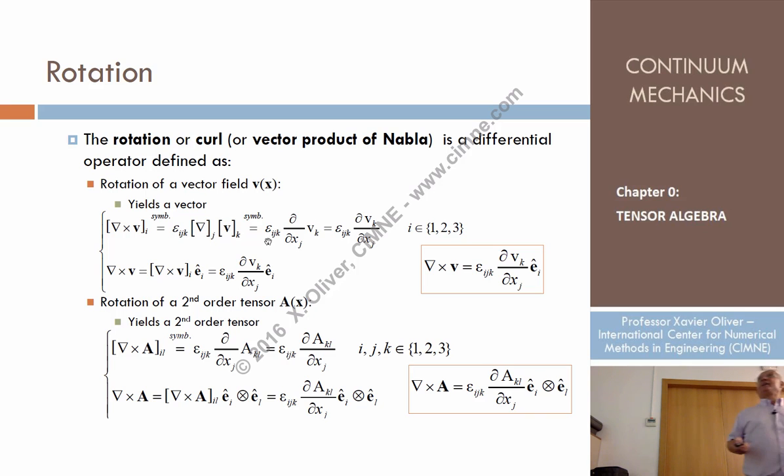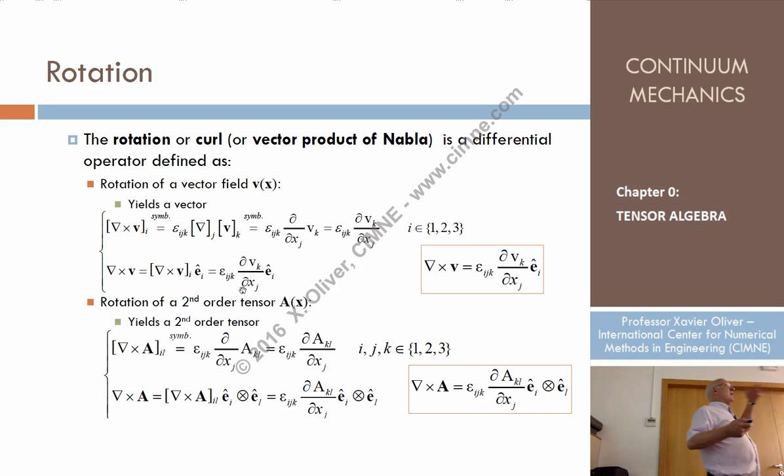So in fact, here we'll have epsilon 1,2,3, which is 1, times the derivative of b3 with respect to x2, plus epsilon 1,3,2, which is minus 1, times the derivative of b2 with respect to x3.